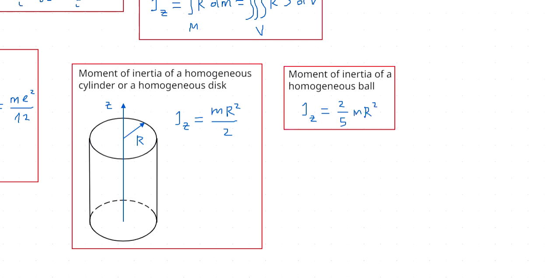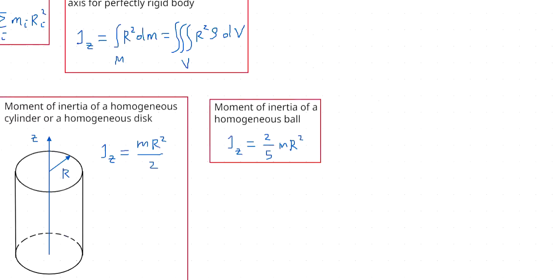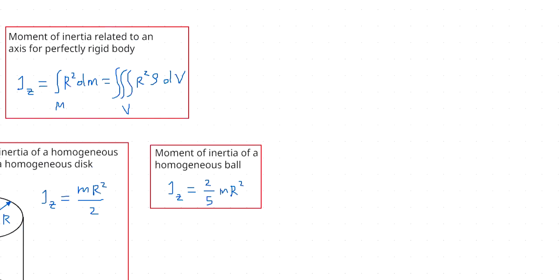Okay, and what will we have to do if we have to calculate the moment of inertia of some rigid body, with the center of mass that is here, and let's imagine that we know the moment of inertia related to the axis that passes through the center of mass.